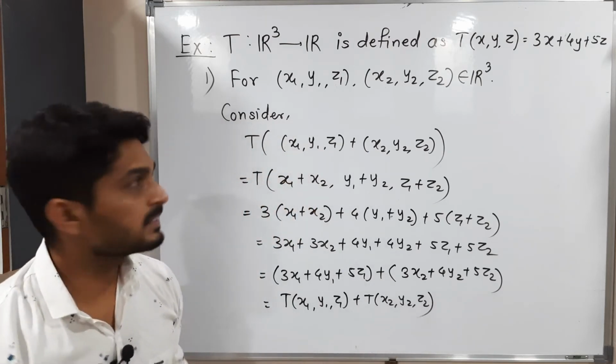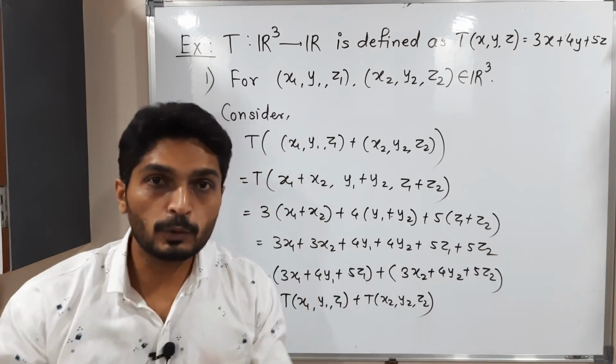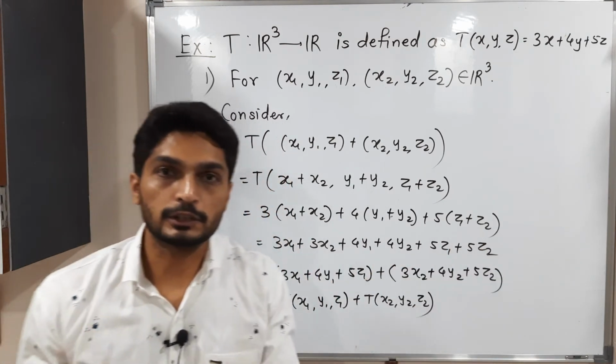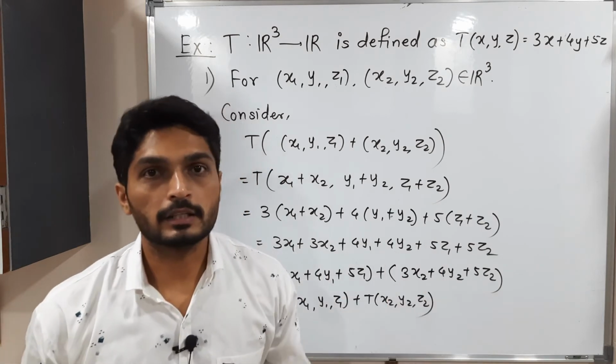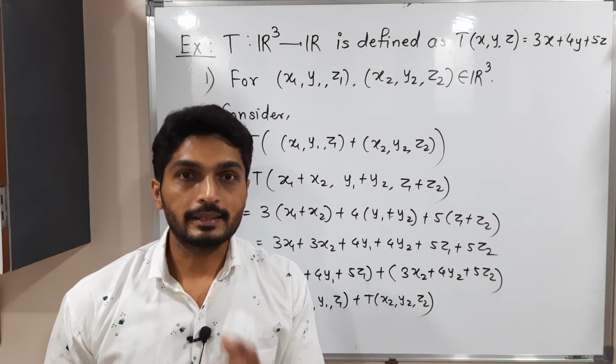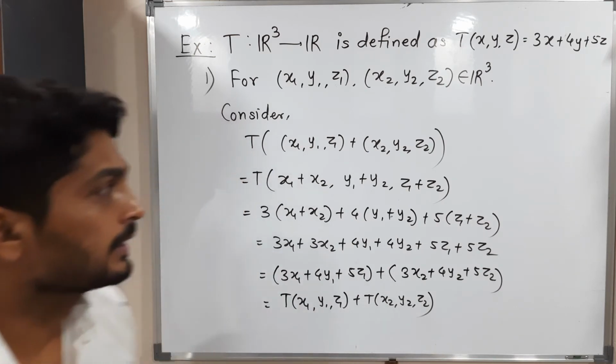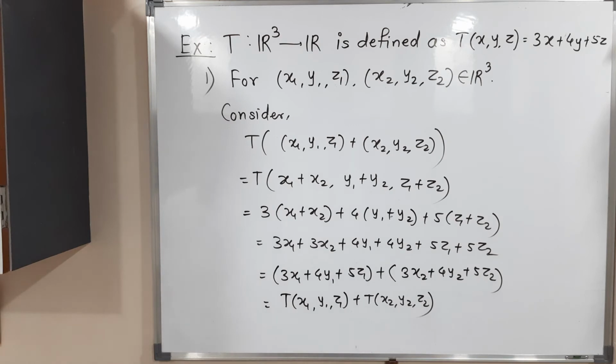That means initially we started with T of first element plus second element, and finally we proved that it is equal to T of first element plus T of second element. In this way we can say that T satisfies its first property. You can make a screenshot of it.